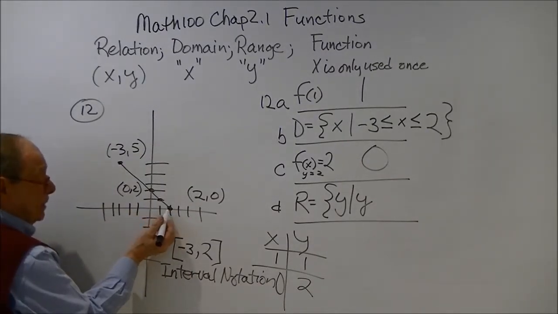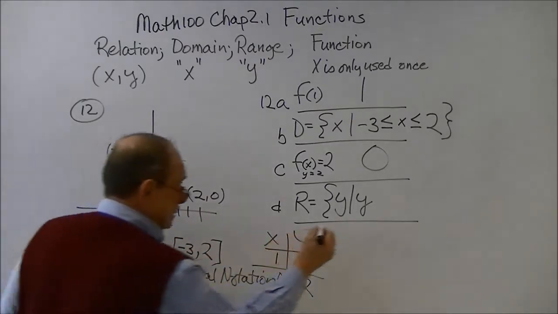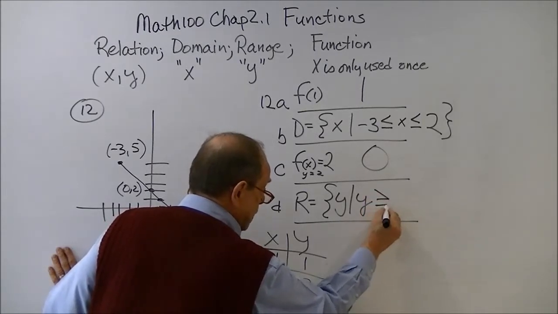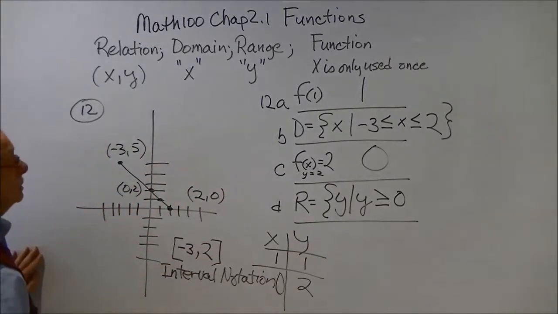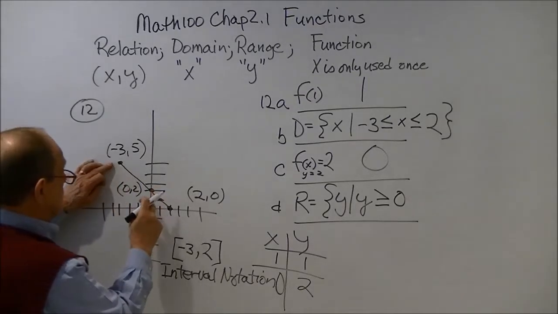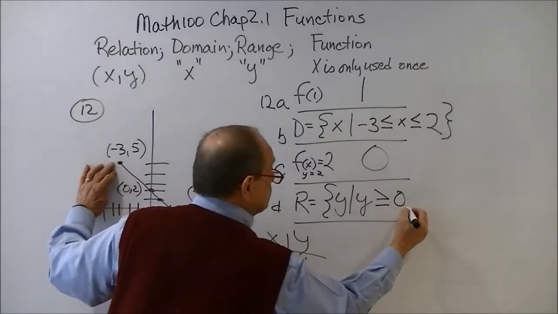Our y value of this is 0. So it's going to be greater or equal to 0. And it goes up to 5. This is our top value.